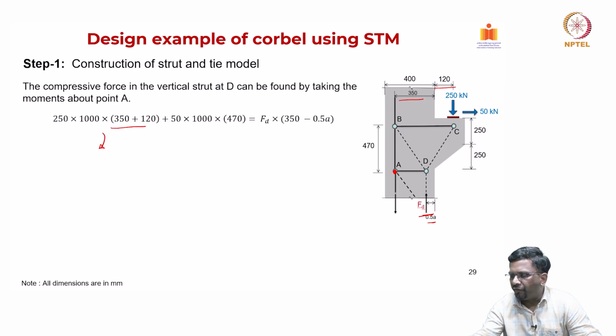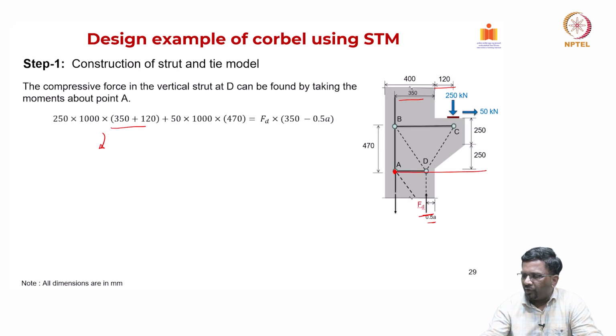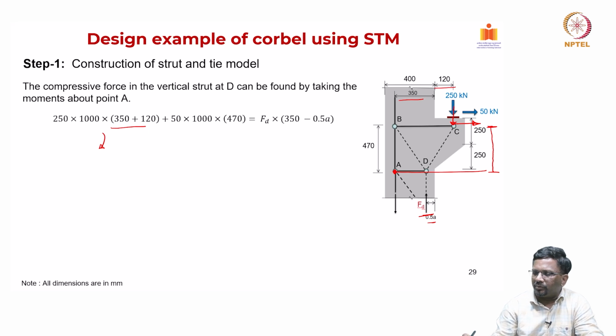And then 50, I am again taking a moment about this point. So, what is the distance? I said that everything is assumed to be acting like this, so we are taking the distance from here to here. It is basically assumed to be 470, which is this distance.